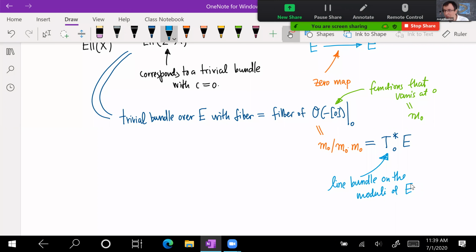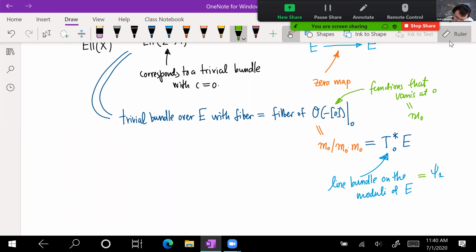People somehow familiar with notation of enumerative geometry, that is this psi1 bundle, right? If you have some kind of moduli of pointed curves, then the cotangent line at the marked point, that's a line bundle over moduli called psi1.